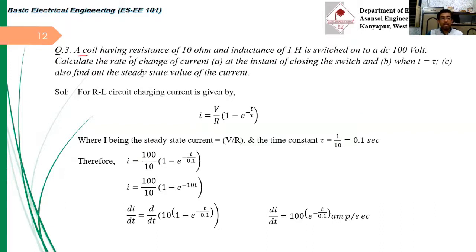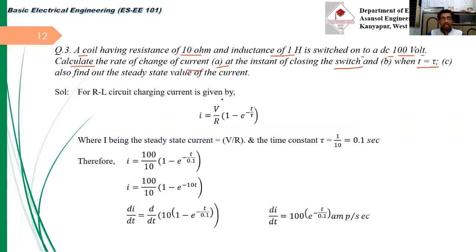A coil having a resistance of 10 ohm and inductance of 1 Henry is switched on to a DC 100 volt. Calculate the rate of change of current, number 1, at the instant of closing the switch, number 2, when t equals tau, number 3, also find out the steady state value of the current.